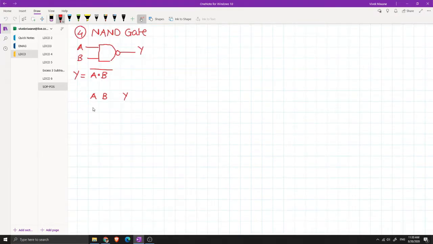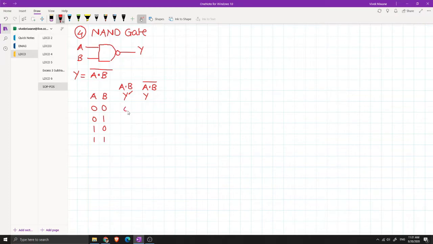Since 2 bits, we will have 4 combinations: 0 0, 0 1, 1 0, 1 1. Now this time A into B, 0 into 0 is 0, but its complement is 1. Let me write Y dash and Y over here. Y dash gives us A into B, whereas Y gives us A into B bar.